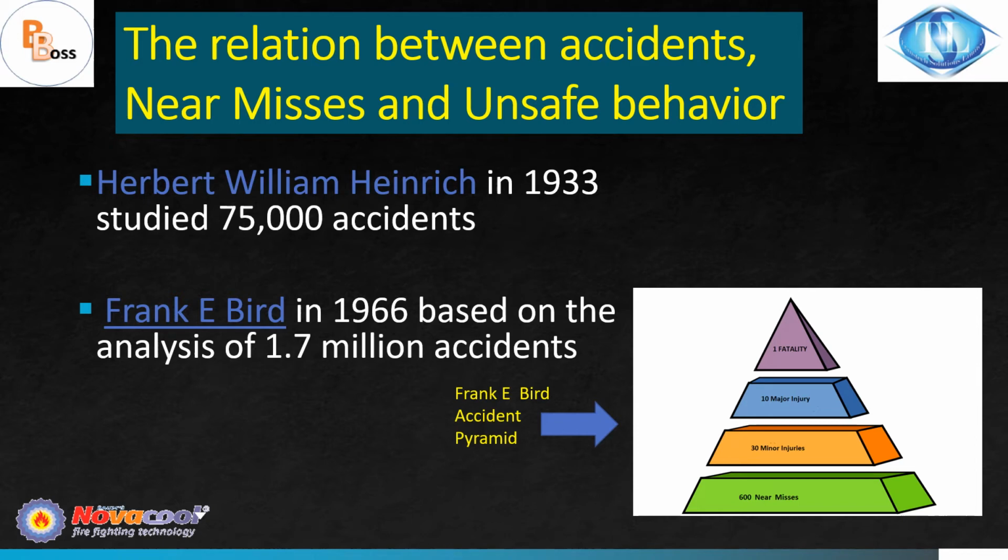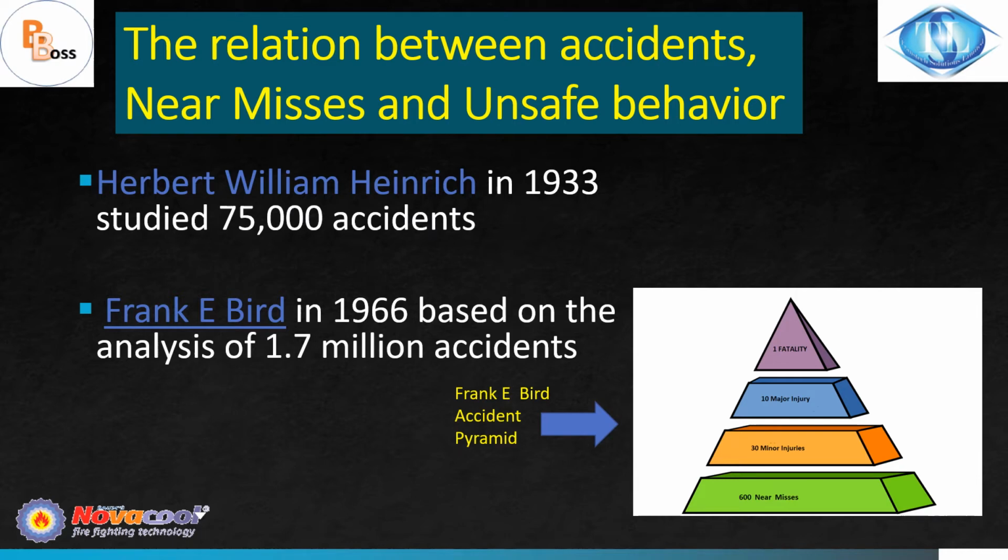But is there a relation between, for example, the number of near misses and minor injuries, or the major injuries and the fatalities? Well, there are two studies that were made in the United States that say yes, there is, and prove there is a relation.